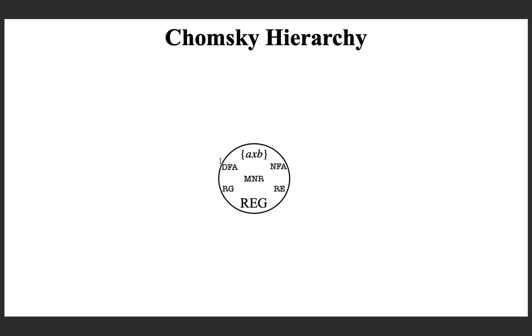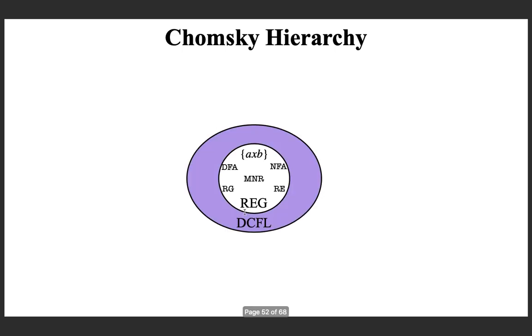After the class of regular languages, we learned about deterministic context-free languages, where we learned two representations, the deterministic push-down automata, and if you apply the algorithm to convert it into a context-free grammar, what you get is a deterministic context-free grammar. An example language is a to the power n, b to the power n, which is a deterministic context-free language.